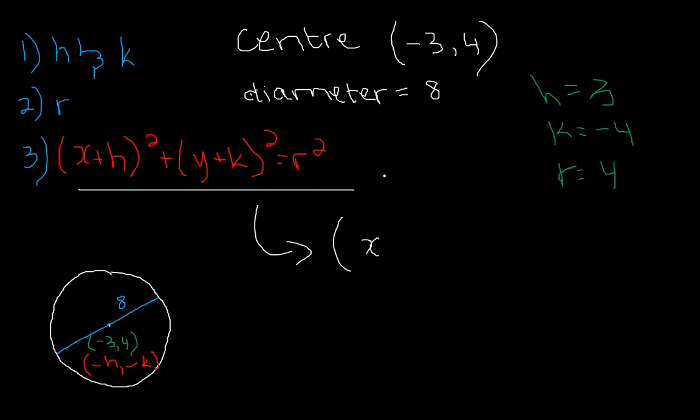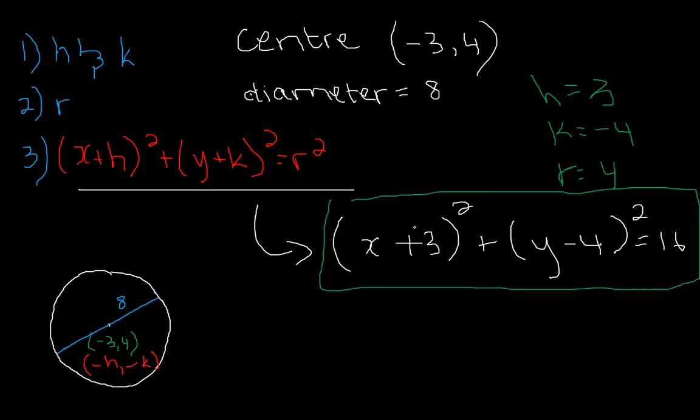X plus 3 squared plus y minus 4 squared equals 16. Good job. 4 squared is equal to 16. Everybody got this? Yes, no? You didn't get it, but you understand now. Let me know.